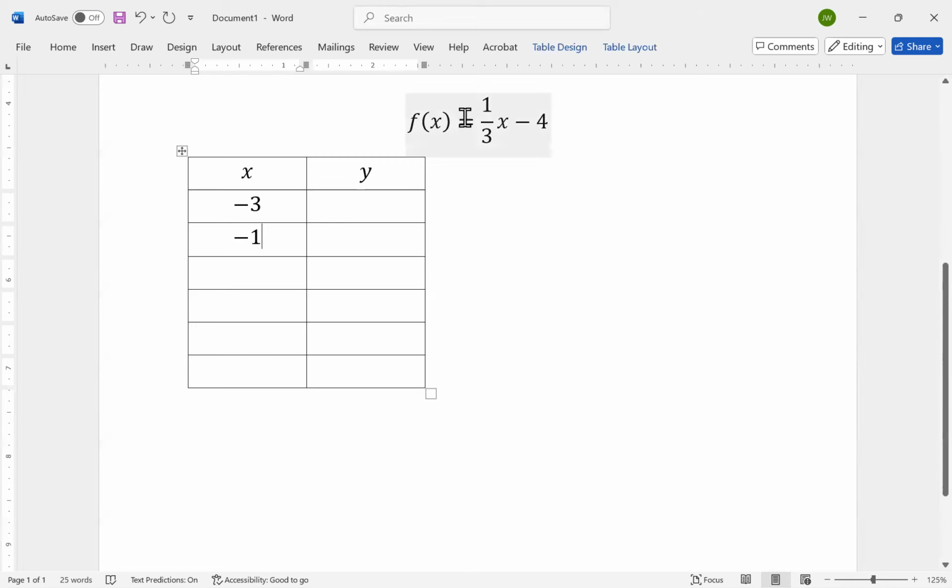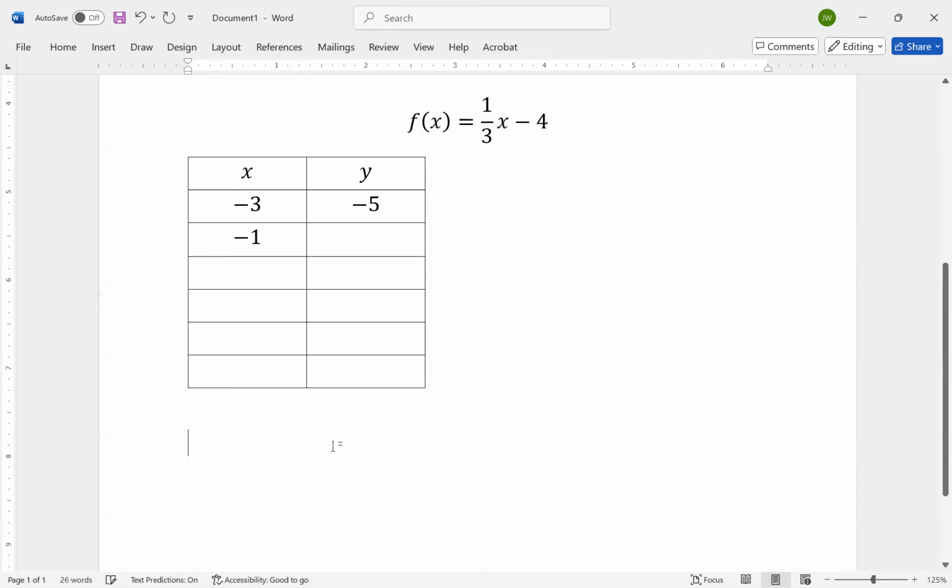If I plug in a -3, I'll get 1/3 times -3 minus 4. That 1/3 times -3 comes out to a -1. So -1 minus 4 gives you a y value of -5.